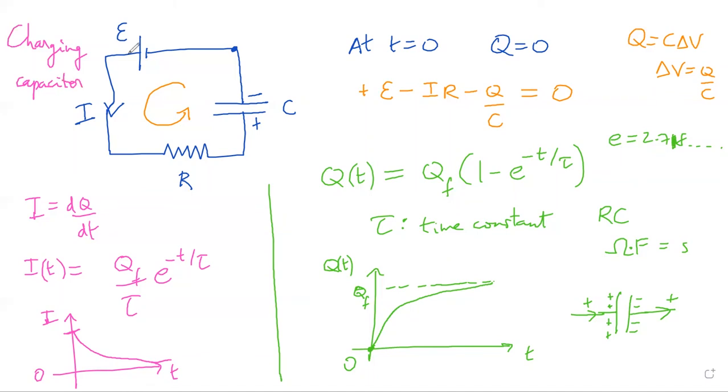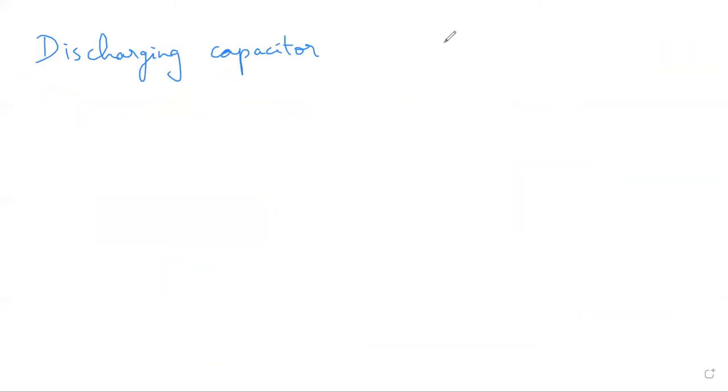Next, we will look at the case where we start with a fully charged capacitor and discharge it instead. For our discharging capacitor circuit, all we need is a capacitor, a resistor, and a switch.